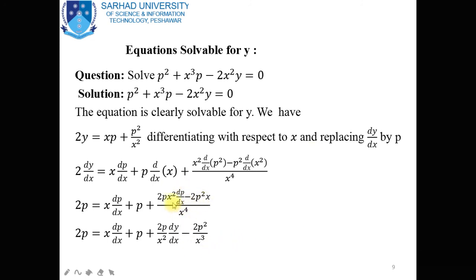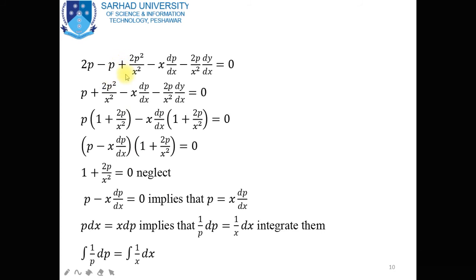Dividing each term in this fraction by x power 4, we obtain 2p divided by x square into dy by dx minus 2p square divided by x cube. Now 2p minus p plus 2p square divided by x square minus x into dp by dx minus 2p by x square into dy by dx is equal to 0. So this equation now can be written as p plus 2p square divided by x square minus xp dp by dx minus 2p by x square into dy by dx is equal to 0.